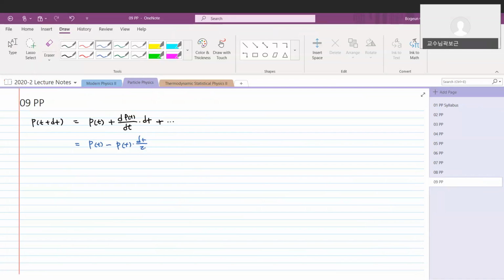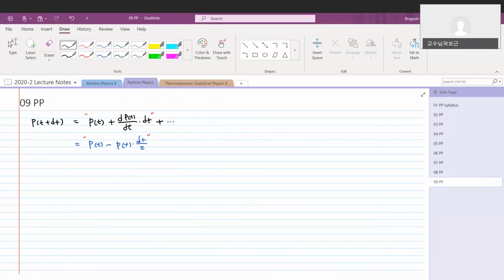These two equations should coincide with each other term by term. The first term P(t) is the same on both sides, and the second term should coincide as well.